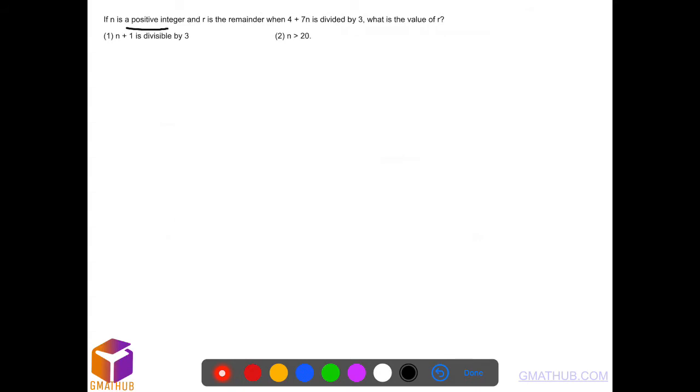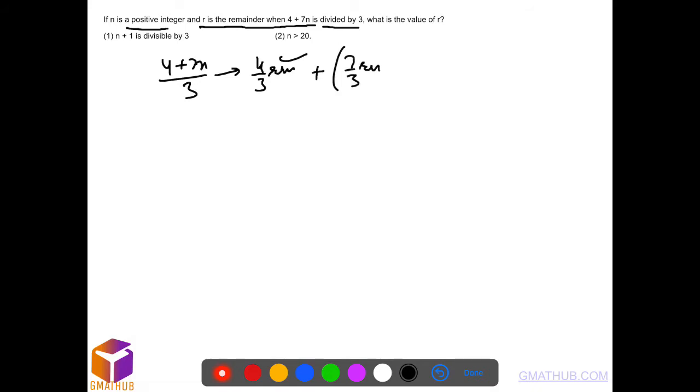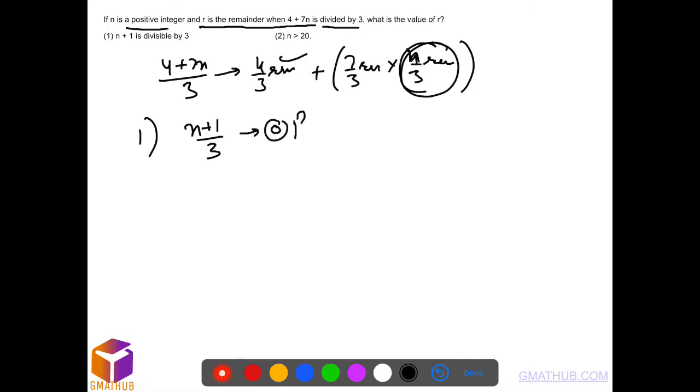N is positive, R is the remainder when 4 plus 7n is divided by 3. So 4 plus 7n divided by 3, what is the remainder? 4 by 3 remainder is known to me, yes. 7 by 3 remainder into n by 3 remainder. So what all I need is n by 3 remainder. First statement, n plus 1 divided by 3, okay, it's 0 remainder.